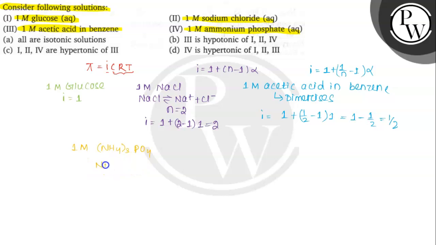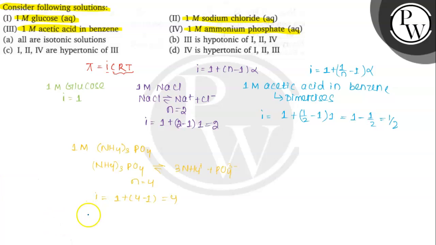When it dissociates, it forms 3 NH4+ and PO4 3-, so these 4 ions are formed after dissociation. The number of dissociated ions is 4. Now if we find the Van't Hoff factor, it will be 1 + (4 - 1), so it will be equal to 4.